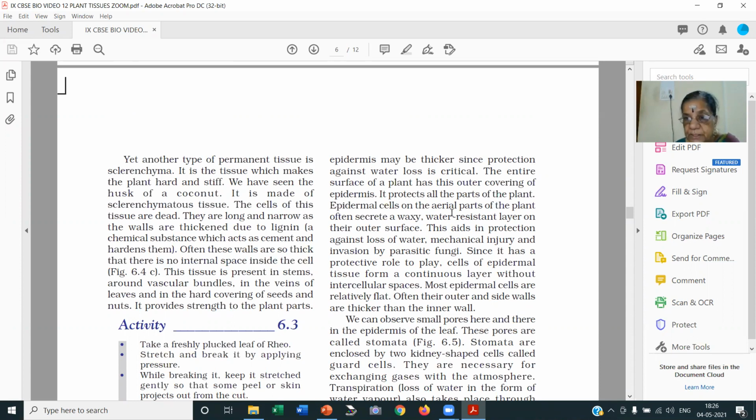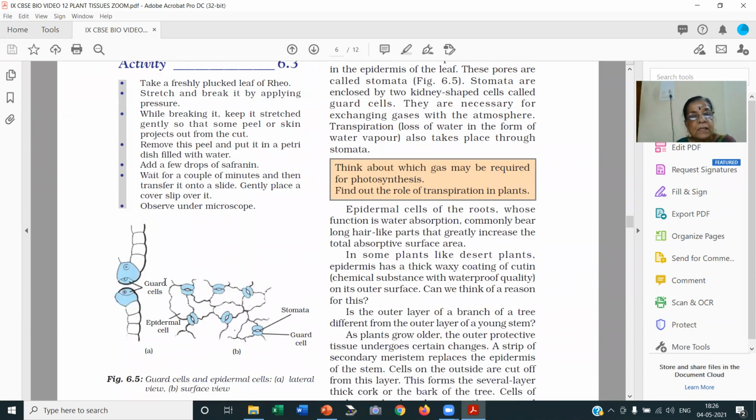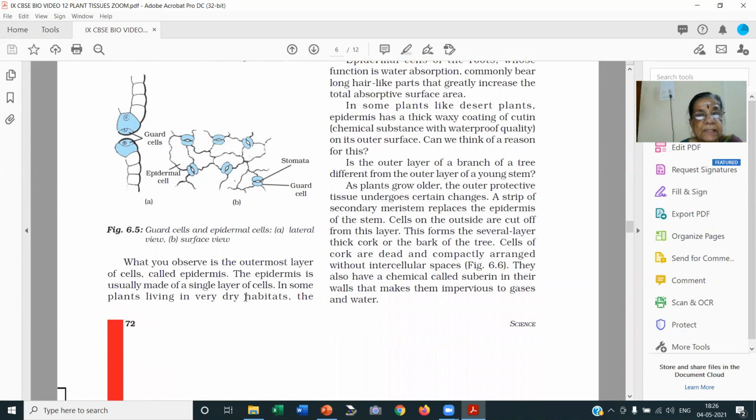The function of epidermis, study and mark it. Okay, look at this diagram, this is the epidermal layer. In it there are stomata. I hope you follow. So the epidermis is usually made up of a single layer of cells.